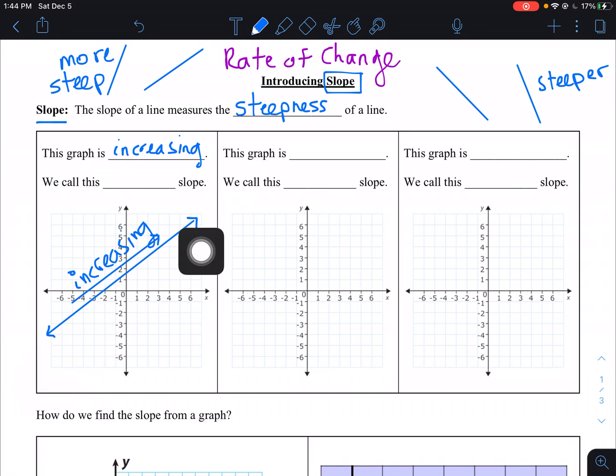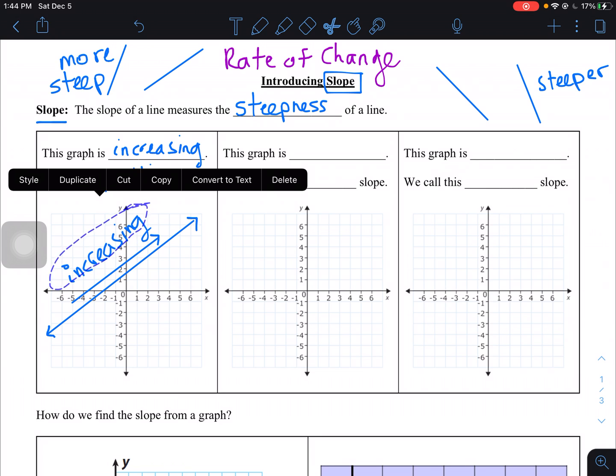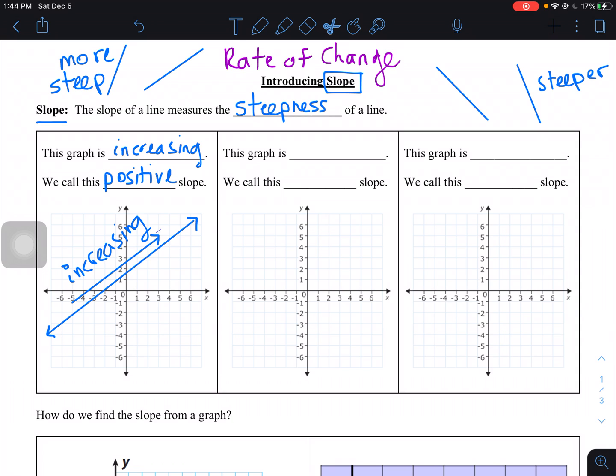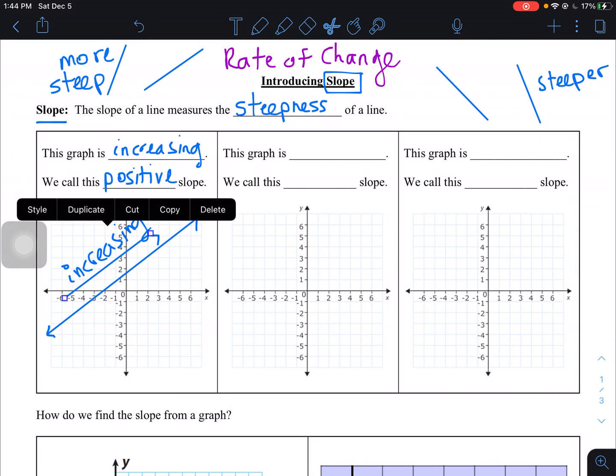When a line is increasing like this, we call this positive slope, because if we found our rate of change, our slope would be positive.